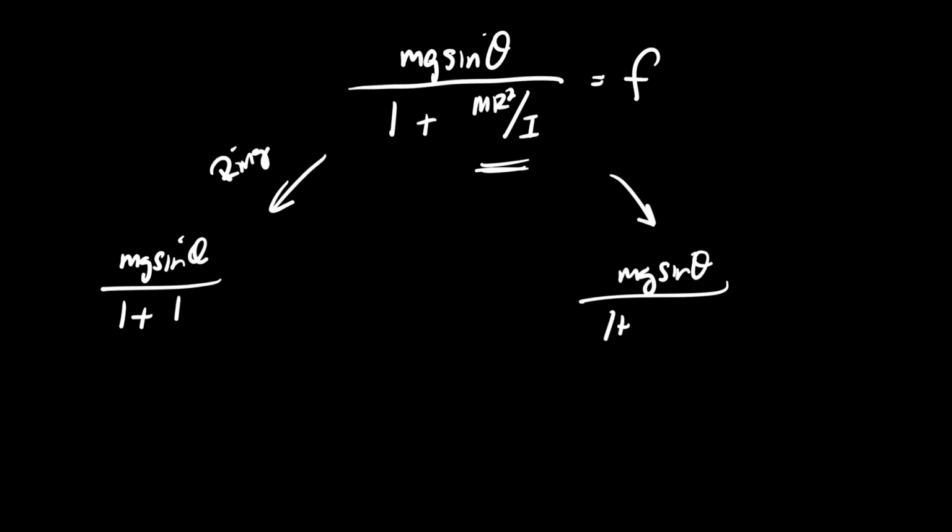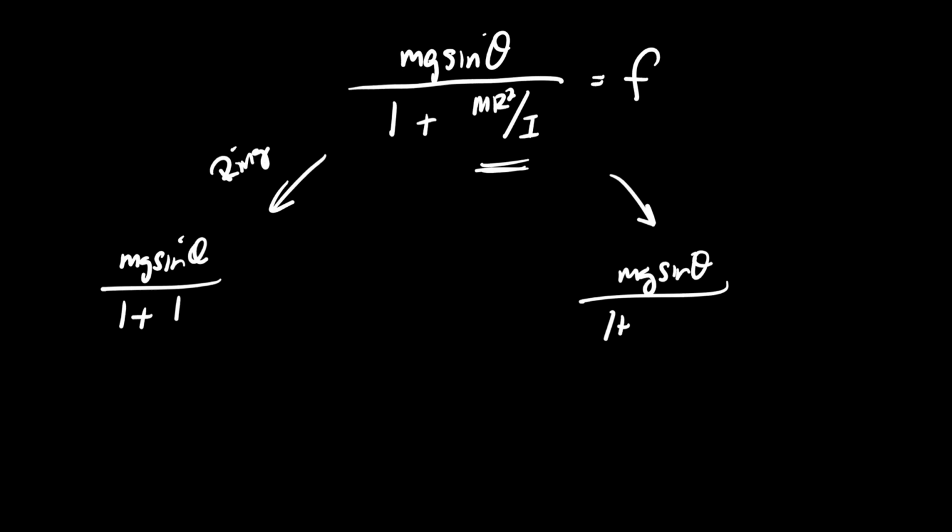Mathematically, I can prove that the ring experiences more friction than the disk. We know, though, that the ring experiences less acceleration. So though it's harder to turn, it experiences more friction, but it's still not enough for how the frictional force acts on the disk. Right?